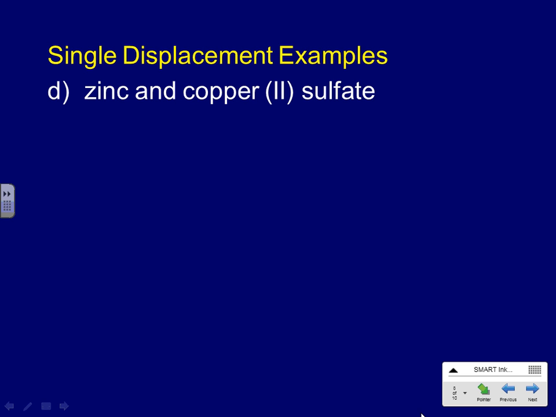So let's look at some single displacement situations. I'm not going to go over the review of how the activity series works, because we're going to use that here in a moment. So again, just like before, you can write down the zinc. And by the way, the zinc is in the solid state, because all these gray guys are solids and the red guys are gases.